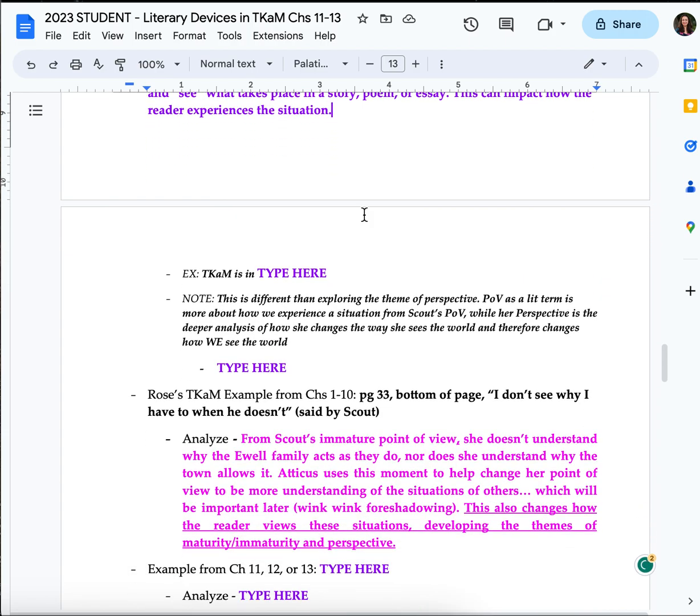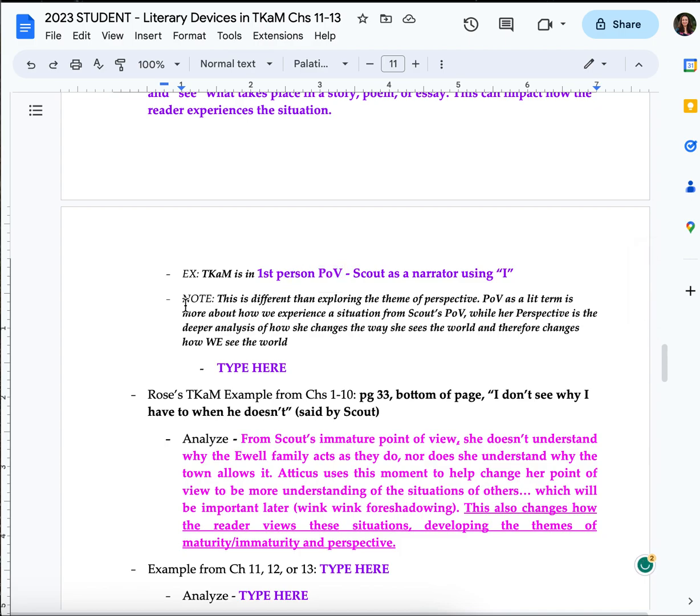For example, To Kill a Mockingbird is in first person point of view, and Scout, as a narrator, uses I. In choosing to tell this book from Scout's point of view as a 6 to 8-year-old girl, our author has placed the reader in the point of view of a young girl growing up in the time. Through using this point of view, we're able to learn more about different perspectives.